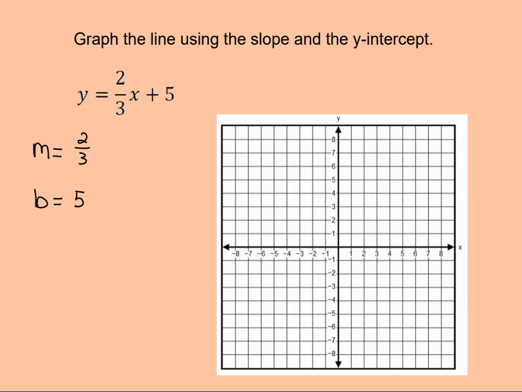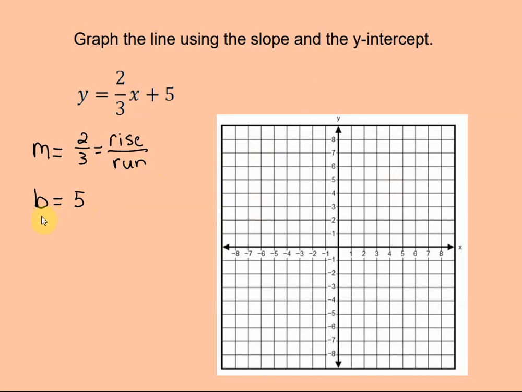Now, if you'll remember, slope can also be thought of as rise over run. When we go to graph the equation of the line, we have these two pieces of information.